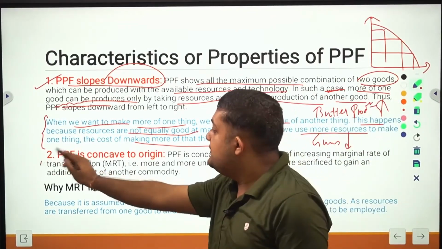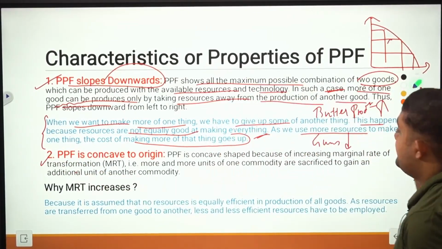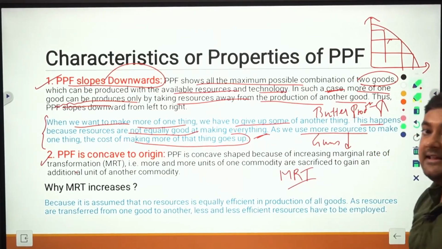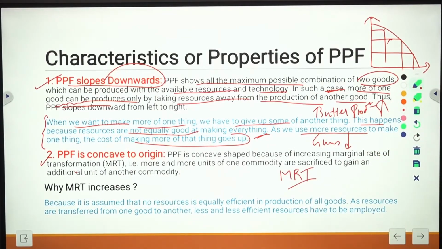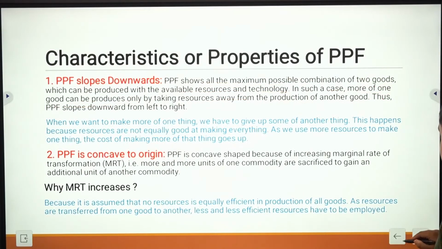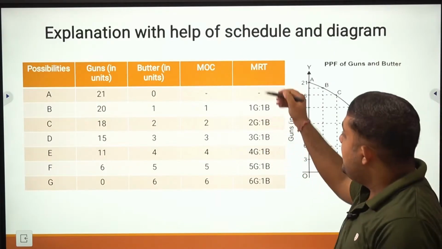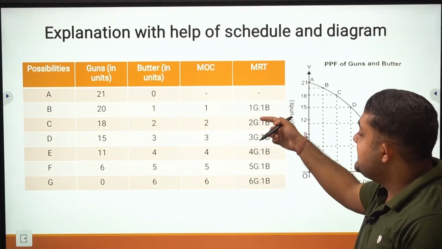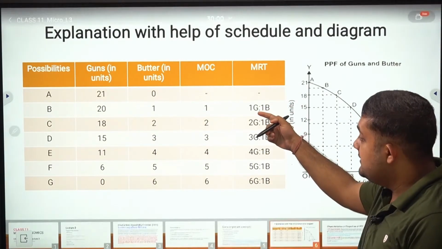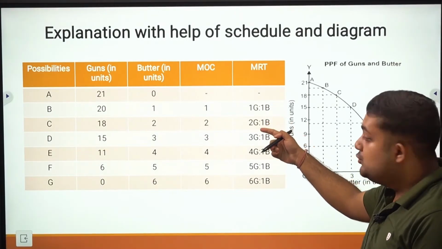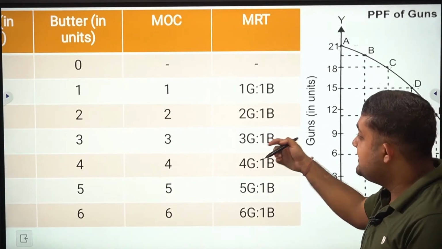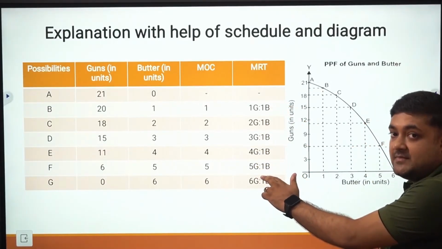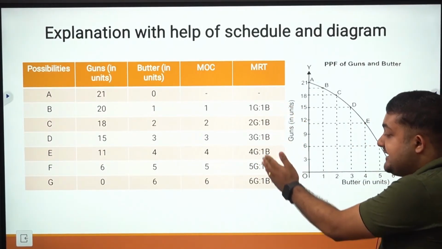Now, PPF is concave. Why is it concave? Because MRT is increasing. In the earlier slide you can see that our MRT is increasing. Our sacrifice is increasing: one gun sacrificed, two guns, three guns. Our sacrifice keeps increasing but our gain remains as it is.